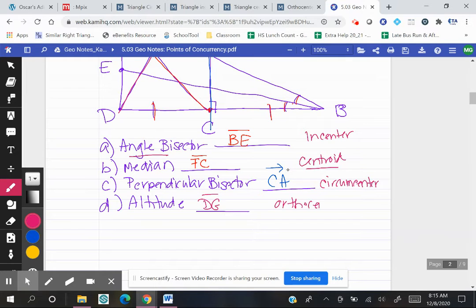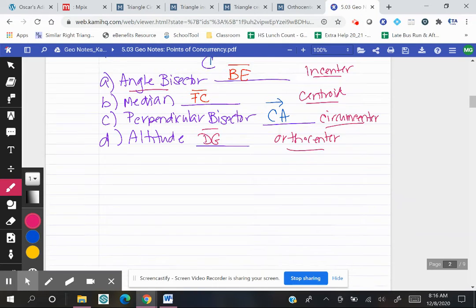So it's a good idea to make some quick flashcards to study these terms. And also, again, make sure you know bisectors are just perpendicular at the midpoint. Angle bisectors bisect the angle. The medians go from a vertex to the midpoint of the opposite side, and the altitude goes from the vertex and is perpendicular to the opposite side.